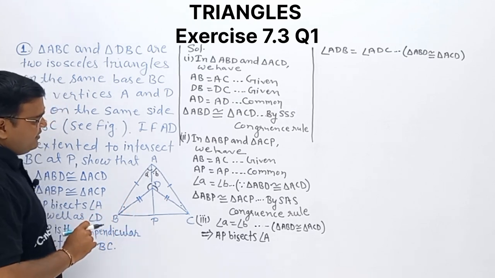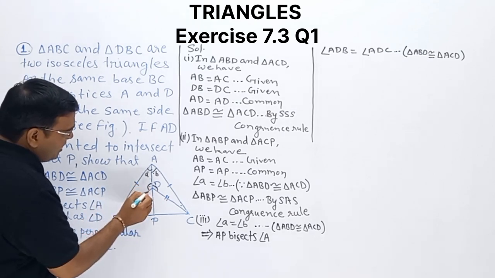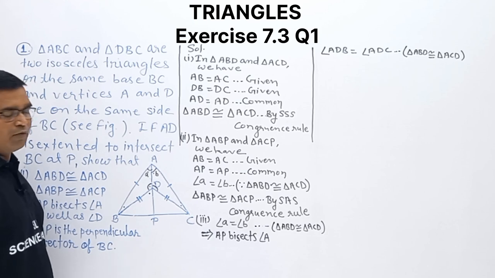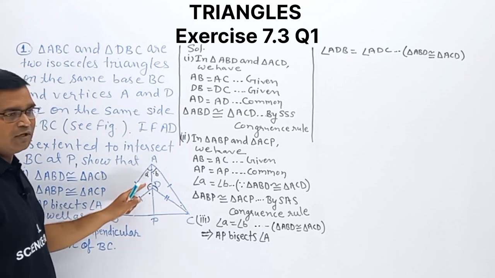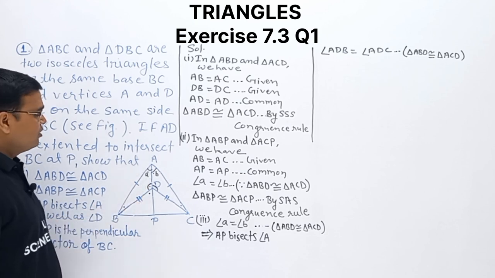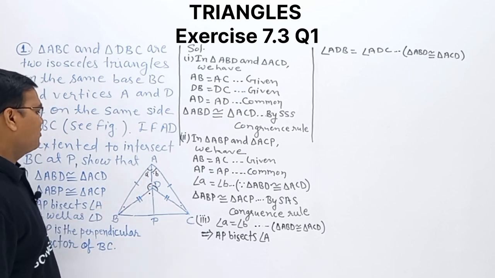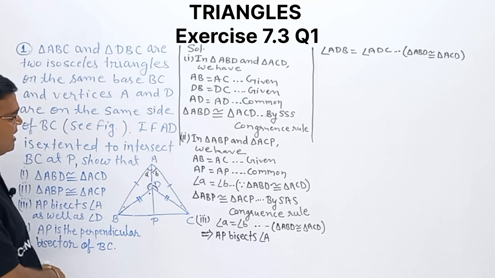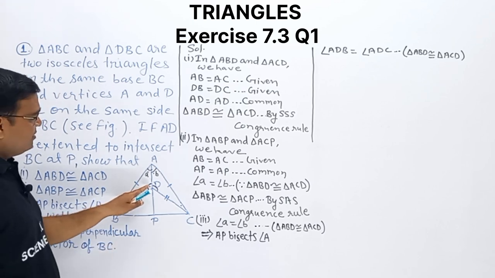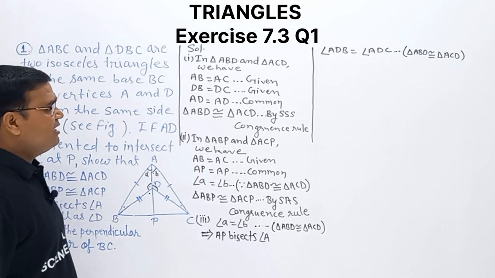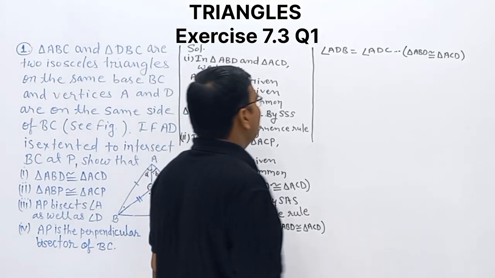Now observe carefully: this angle and this angle are a linear pair of angles. The sum of these two angles will be 180 degrees. So how will we write it?